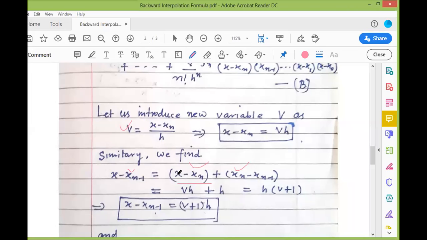So this is x minus xn, which is vh by the above definition of the new variable, and this difference is what? Since the difference is a constant, denoted by h, this value is h. So here h is common, and in brackets v plus 1.